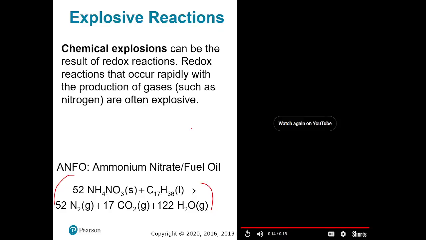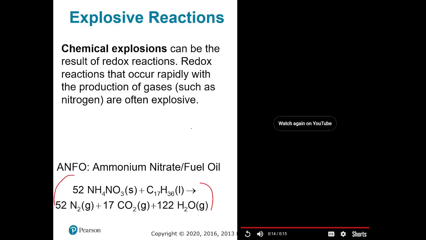You'll notice that it actually produces nitrogen gas, CO2 gas, and H2O gas. H2O and nitrogen, absolutely no harm to the environment at all. CO2, one of the least harmful gases we can release into the environment, though releasing lots and lots of CO2 has obviously been shown to have some pretty negative effects.